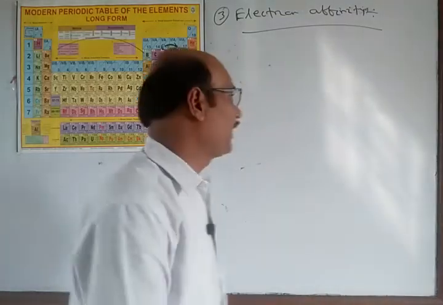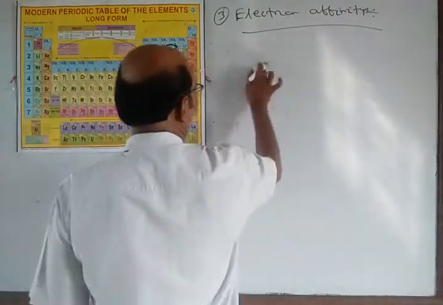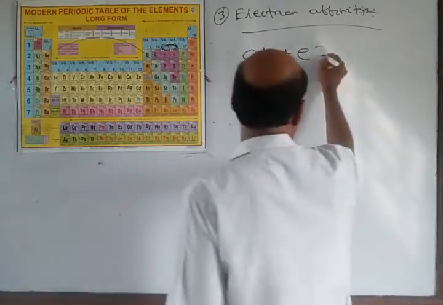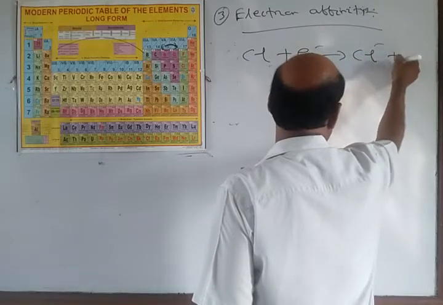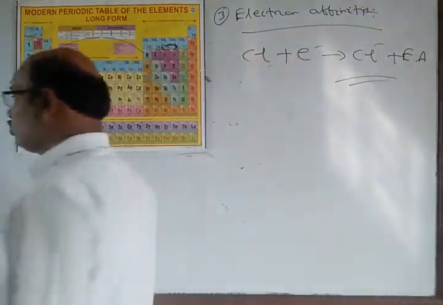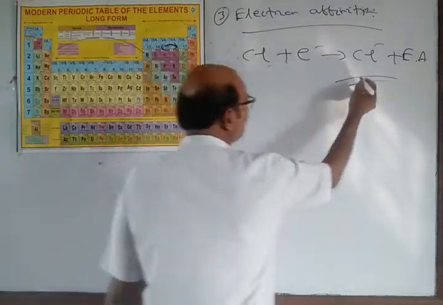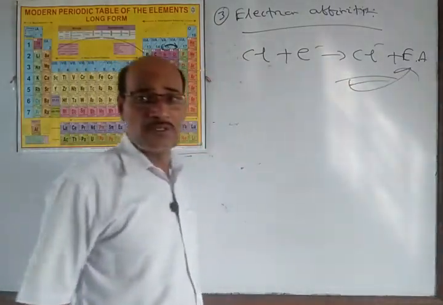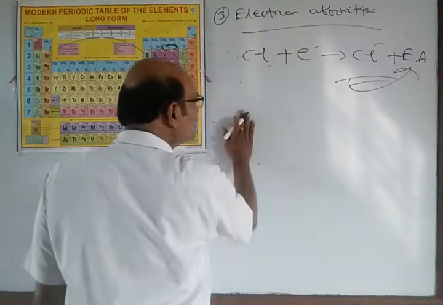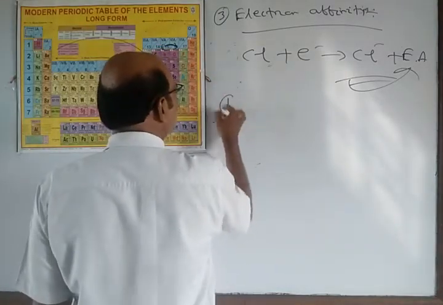Right? So if I write Cl plus electron, what do you get? Cl minus plus E. So this is the energy released, called what? Electron affinity. Okay. And now this electron affinity depends upon what?